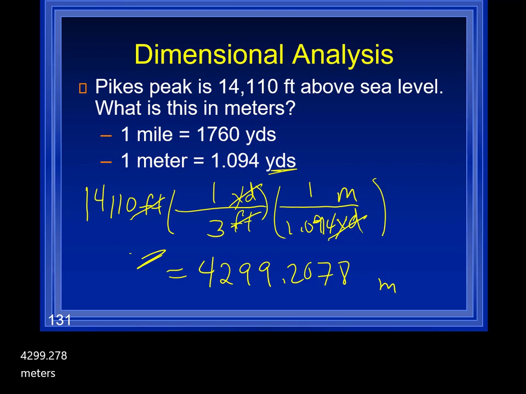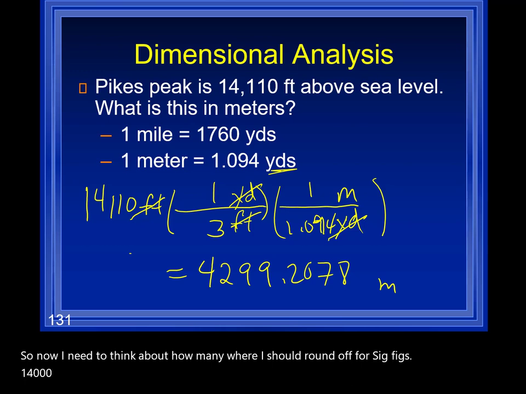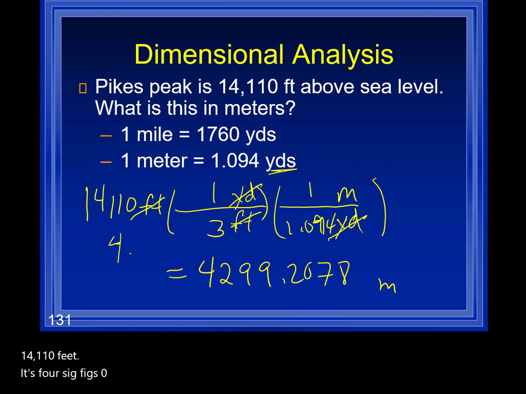That's too many digits. So now I need to think about where I should round off for sig figs. 14,110 feet, that's 4 sig figs. The 0 doesn't count, but the other numbers do.